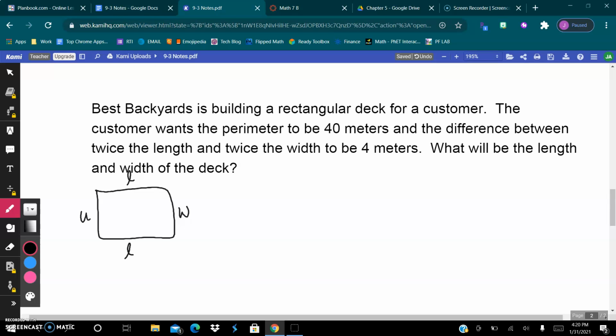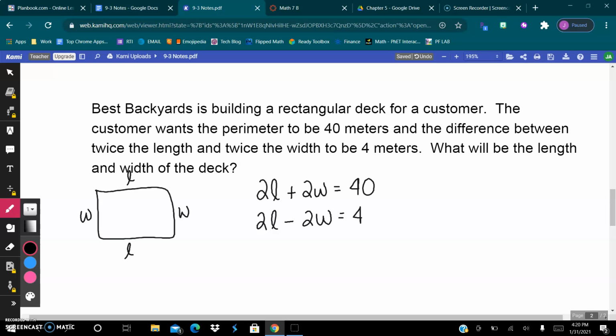If we added those up, we would have 2 L's and 2 W's. So 2L plus 2W is going to give me 40. And then the difference between twice the length and twice the width, so the difference means we're going to subtract these, is going to be 4.